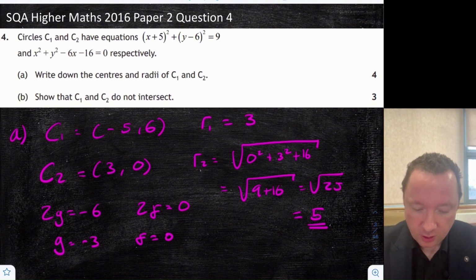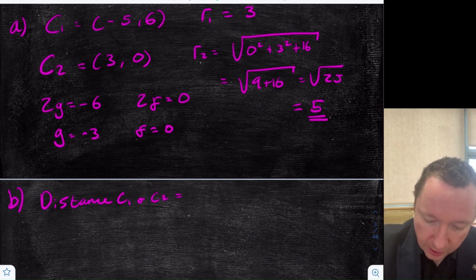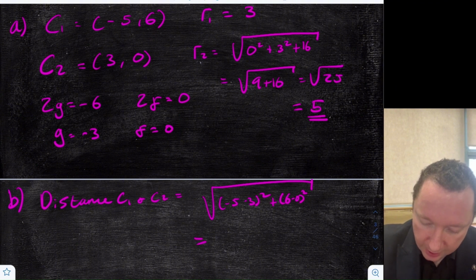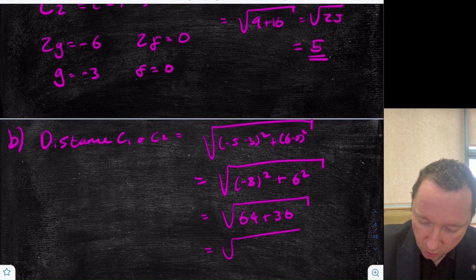So our distance between C1 and C2, well, that's just Pythagoras, so it's minus 5 minus 3 squared plus 6 minus nothing squared, distance formula. So that is the square root of minus 8 squared plus 6 squared. That's the square root of 64 plus 36, square root of 100, which equals 10.